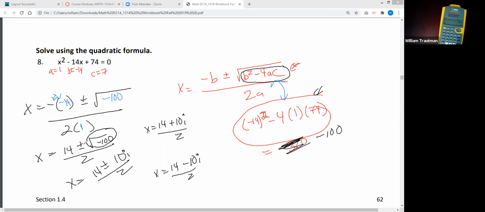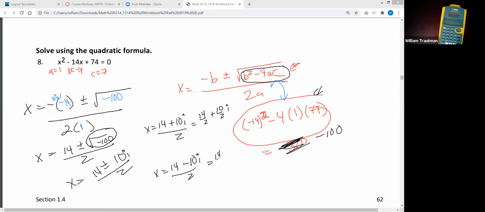Because the one's a plus and one's a minus, there are two answers here. By the way, when both of these divide by 2, you can rewrite it as 14 over 2 plus 10 over 2 i. You see the 2 is underneath both of those.